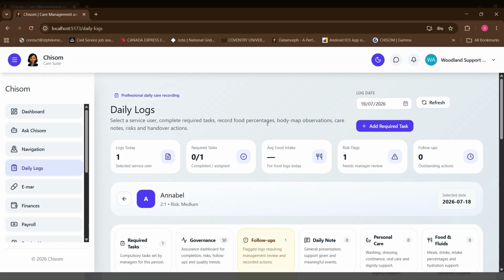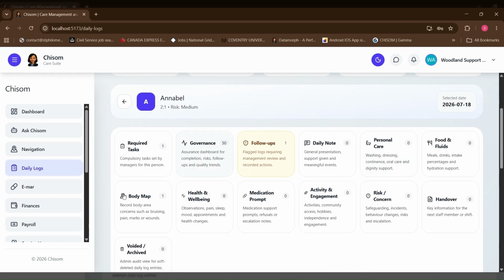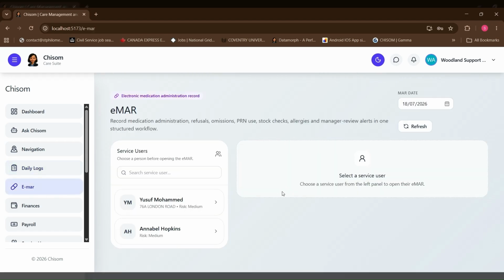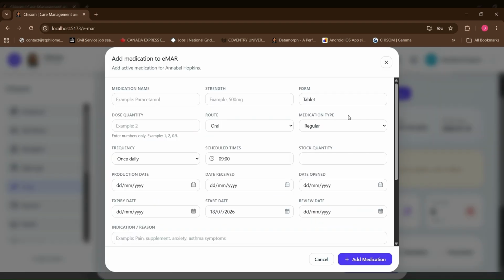So now this is for daily logs, right? So let's go to EMA. So this is also EMA. Let's say Annabelle. I can add a medication for Annabelle. Let's say metformin, which is in the records. Let's say it's 500 mg tablets dosage.